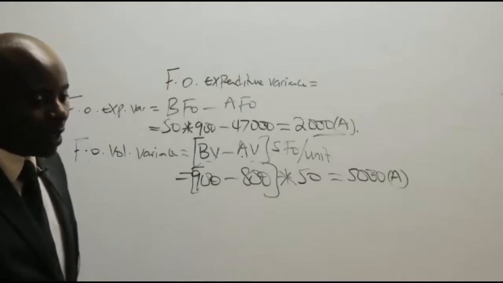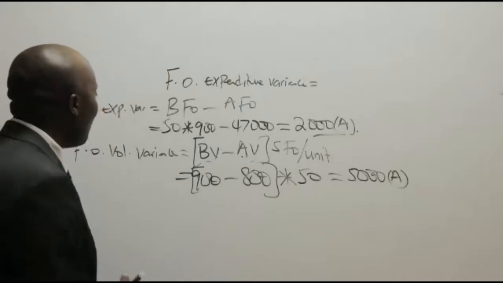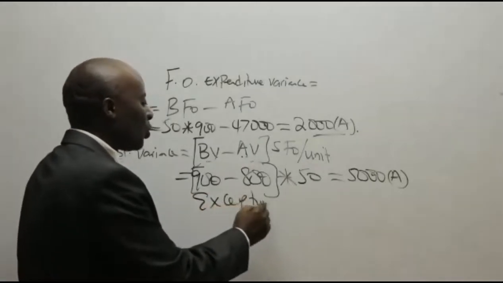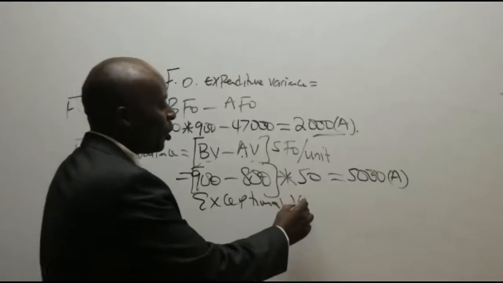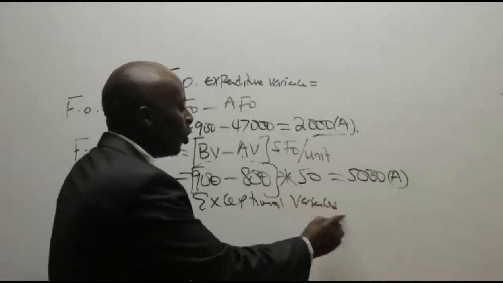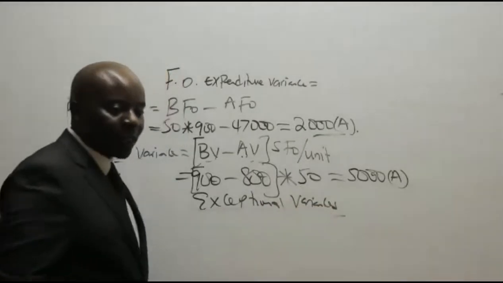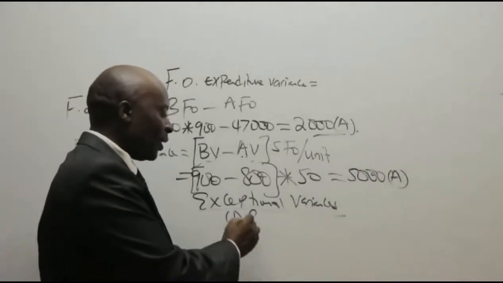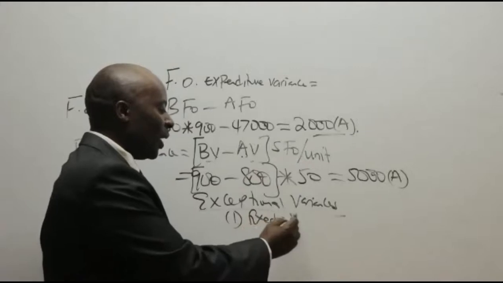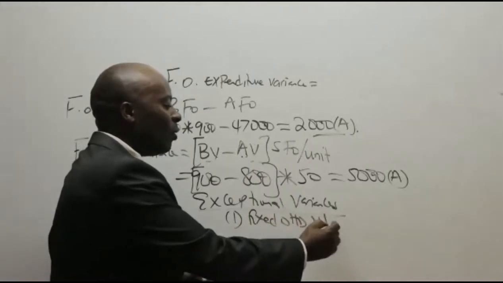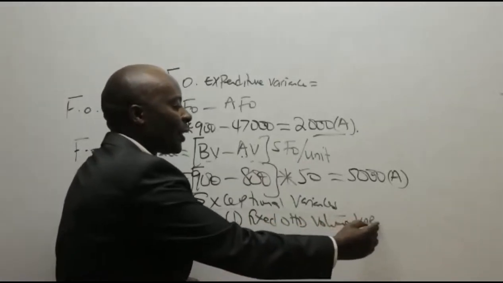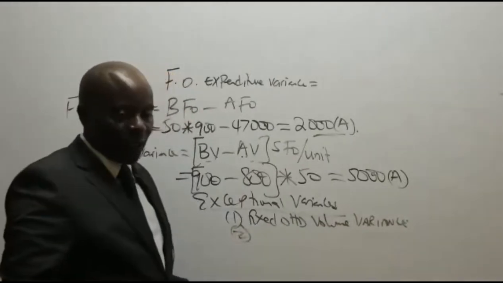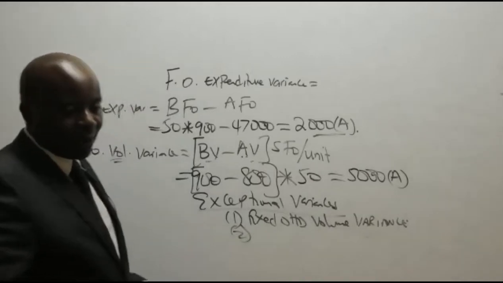Ladies and gentlemen, whenever it comes to fixed overhead volume, you must always remember the case of what we call exceptional variances. As Faith is telling us, there are three types. The first one is fixed overhead volume variance. Number two, which other variance do you remember?